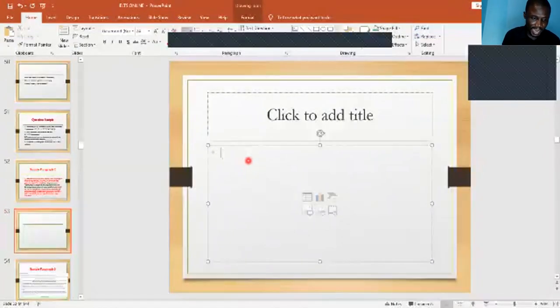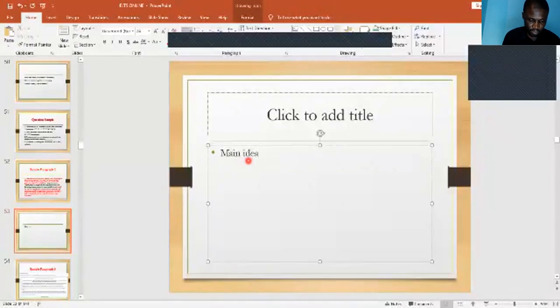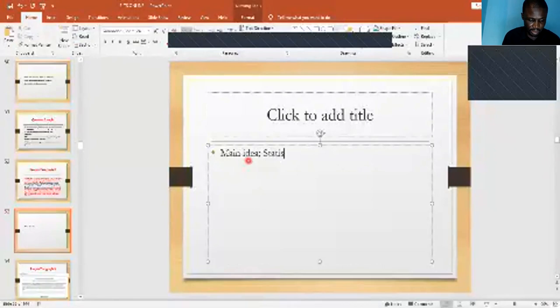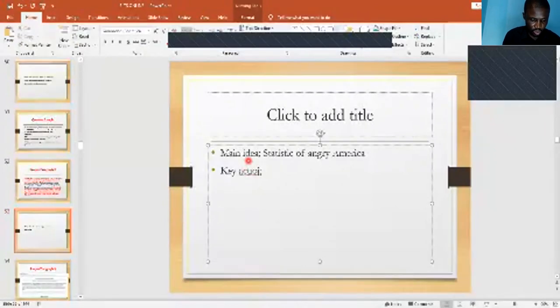This one is, the main idea is statistics of angry Americans. Okay, key action: why Americans are angry.